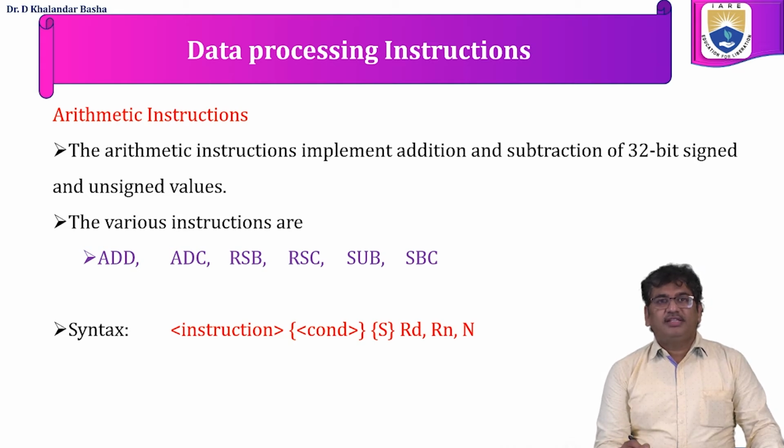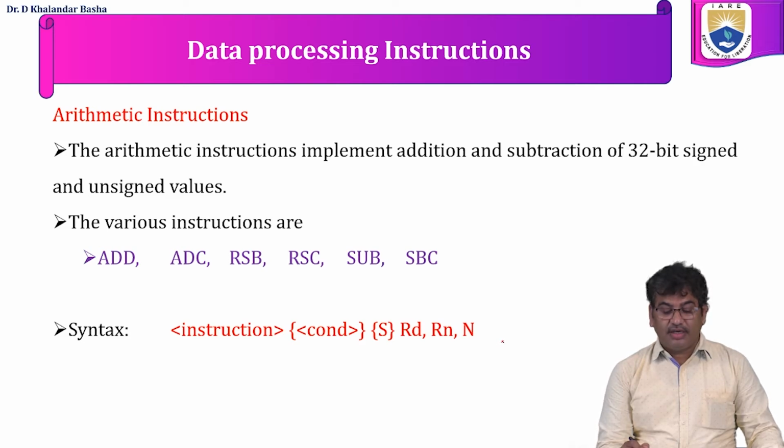The next category is arithmetic instructions. These arithmetic instructions implement addition and subtraction of 32-bit signed and unsigned values. The various instructions under the arithmetic category are ADD, ADC, RSB, RSC, SUB and SBC.